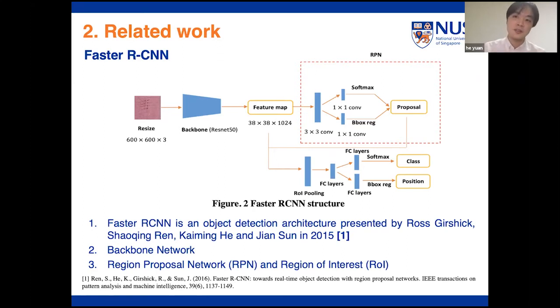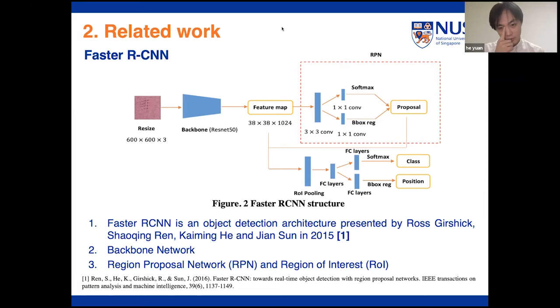With the Faster RCNN, most of the researchers will try to modify the backbone nets. In this part we use ResNet 50, and as I mentioned, the last paper modifies the RPN part. They just change how to propose the anchors.